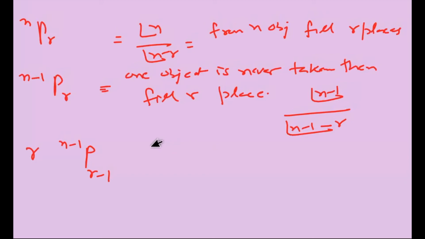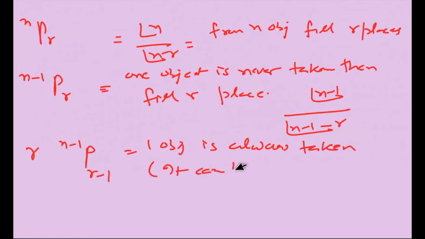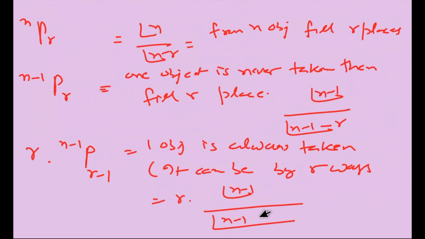Okay, one object is always taken, and it can be taken in r ways. So total number of ways is r into (n minus 1)P(r minus 1), that is r into factorial n minus 1 upon factorial n minus 1 minus (r minus 1).